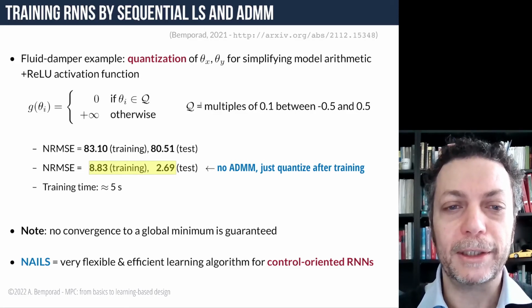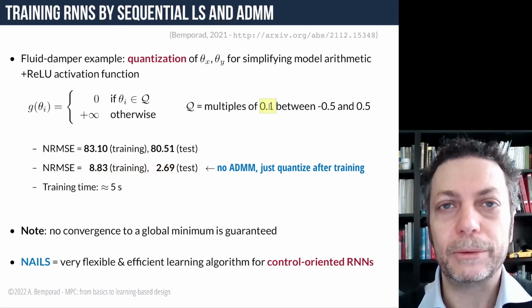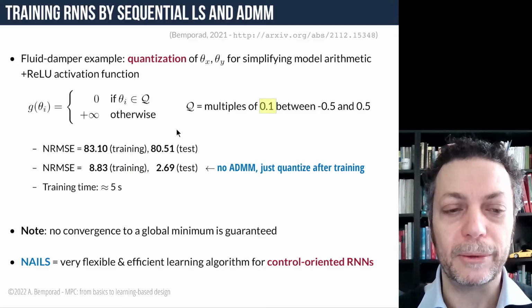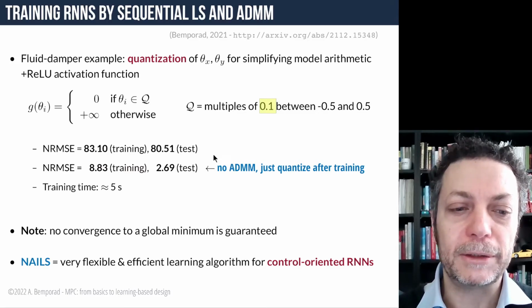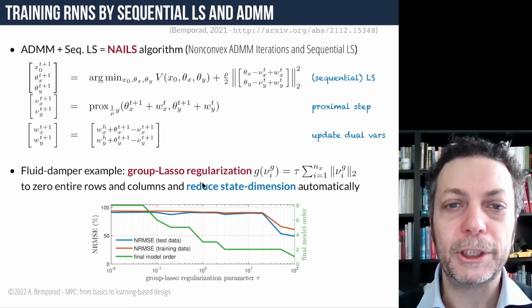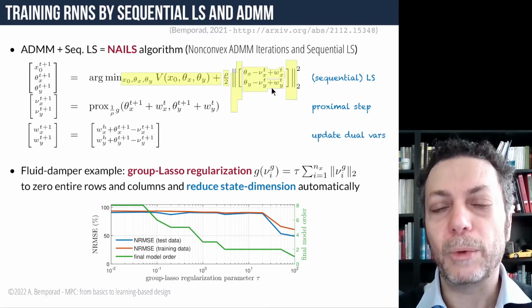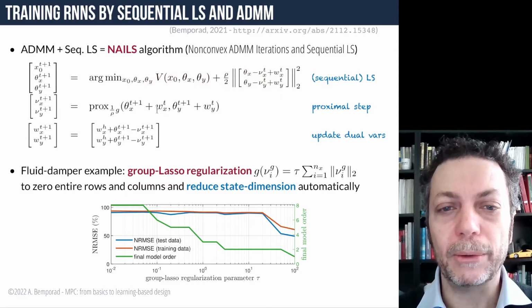It has coefficients that are only multiples of 0.1, which could help, for example, the implementation of the model in a very simple processor. The method is not guaranteed to converge. Actually, what you do here, you can run multiple least squares, but you can actually run just one least squares and then immediately go to the next ADMM steps.